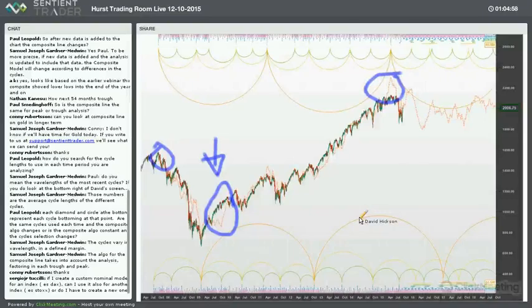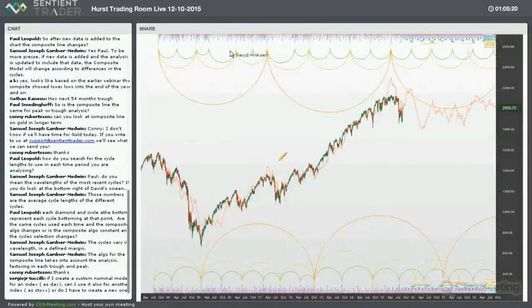Those deviations between the composite model line and the actual price action are very important, because it means that the price didn't follow the cycle path to perfection.